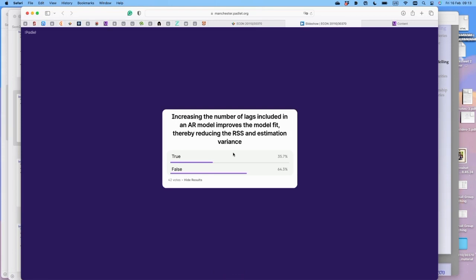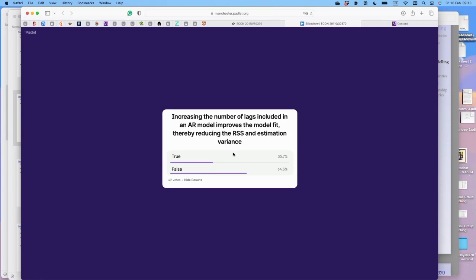Why we shouldn't indefinitely increase the number of parameters or the number of variables included in a model equation? Because there are pros and cons associated with increasing the variables on the right-hand side.